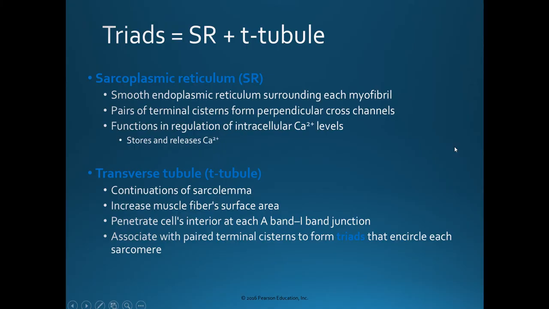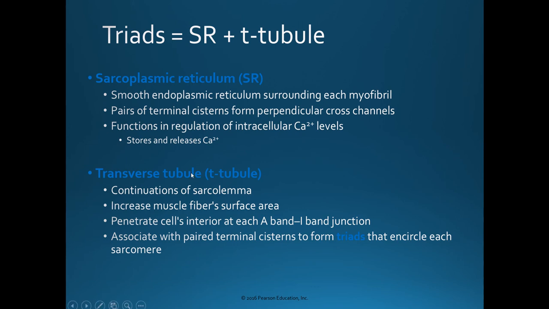The other thing that you'll see when you look at a skeletal muscle is a very, very well-developed sarcoplasmic reticulum. What we mean by sarcoplasmic reticulum is it's just the endoplasmic reticulum of a muscle cell. So it's smooth endoplasmic reticulum, and its primary function here in muscle cells is storing and releasing calcium, because calcium is incredibly important to the contraction of our muscles.